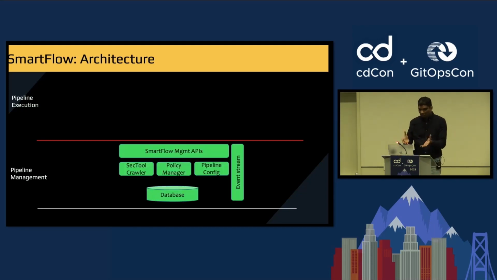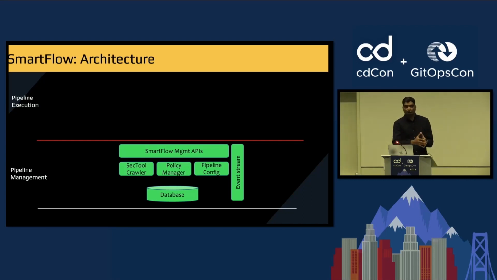Again, SmartFlow is what we call this platform, the magic wand that I showed you. It is based on a set of APIs that we are still expanding. One thing it has is a sec tool crawler. There are a bunch of marketplaces where these tools are available, and these tools are specific.